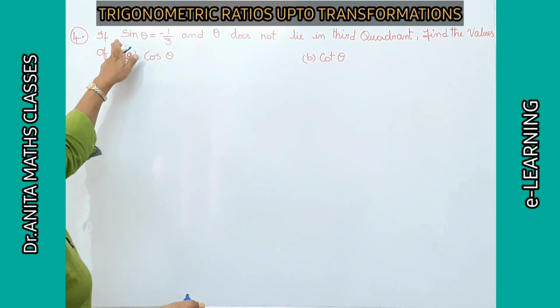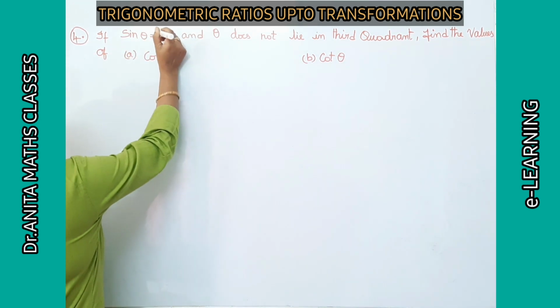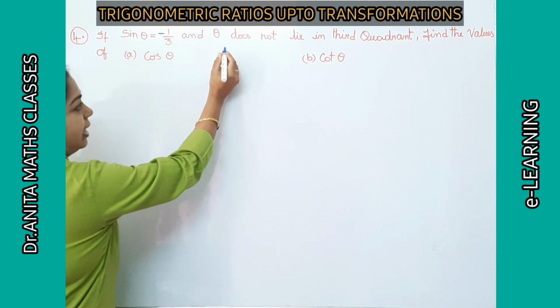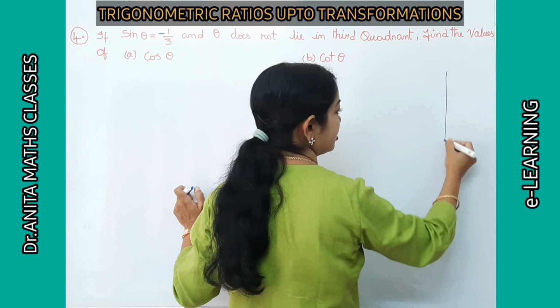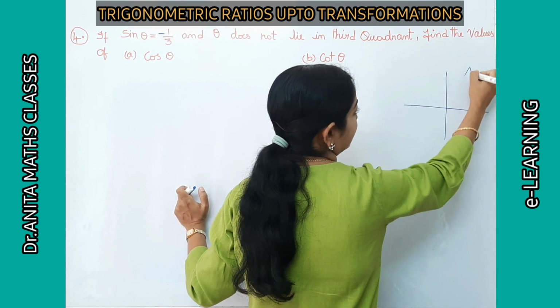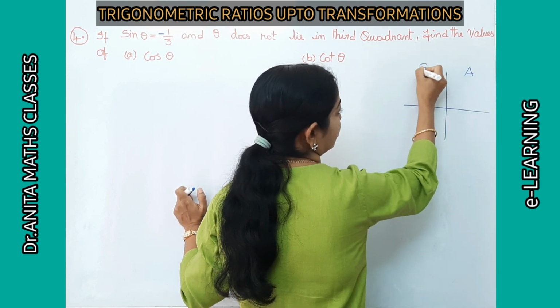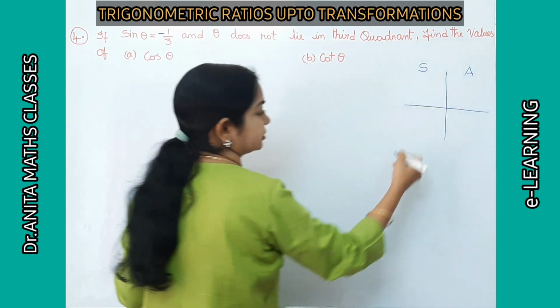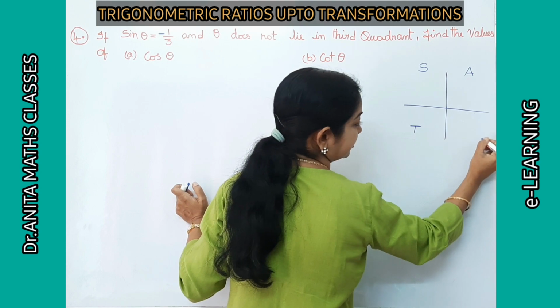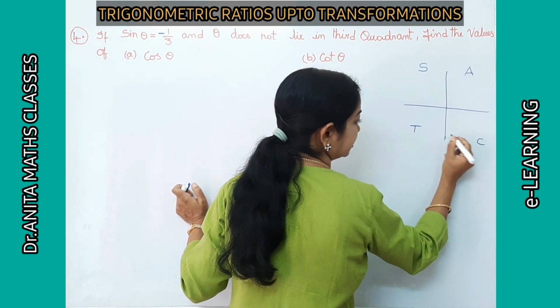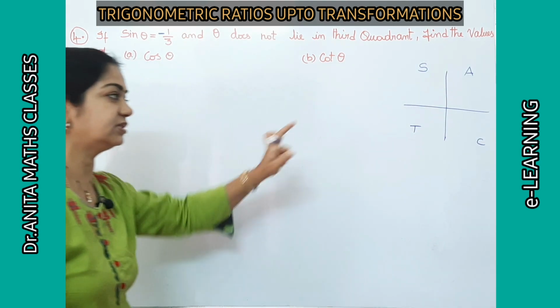Here, sin theta is negative, and theta does not lie in the third quadrant. In the quadrant system, all are positive in the first, sine and cosecant are positive in the second, tan and cot are positive in the third, cos and the multiplicative inverse secant are positive in the fourth: all silver teacups.